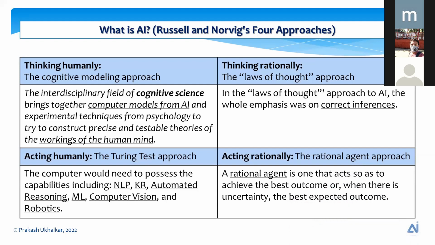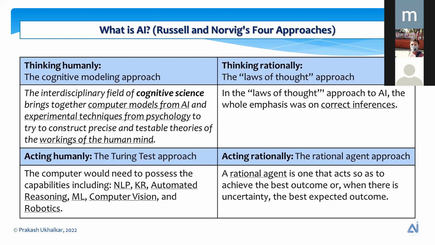There is an interdisciplinary field where the human mind and how it works is studied, called cognitive science. This is an interdisciplinary field which brings together computer models from AI and experimental techniques from psychology as well, because you have to understand human psychology, how humans think and work.